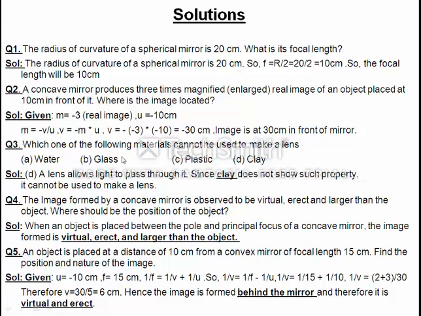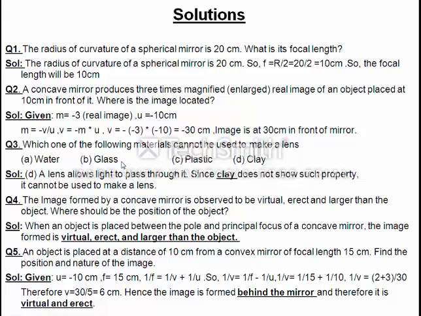Since now we have discussed only the mirror, not the lens, you can leave this question number 3. This question we will discuss in our refraction topic. By mistake it was given to you. It is the topic of refraction, not the topic of reflection. Okay, so we will solve this question also.